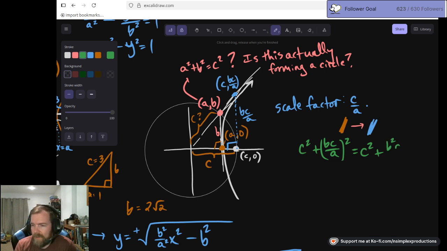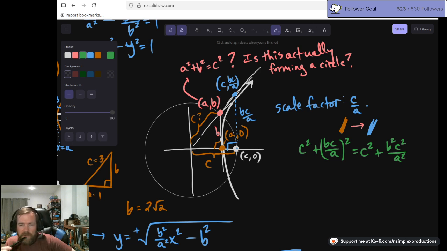All right, b squared c squared over a squared, or maybe, hey Zach. So we're still doing the GRE stuff. This is still looking at the hyperbolas.